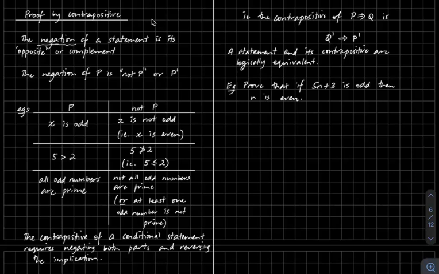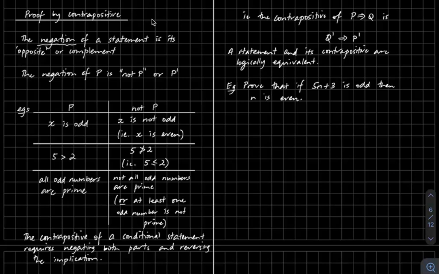If we're going to prove that as it stands, then we'd be letting 5n plus 3 be equal to an odd number, or expressing it as an odd number, and then we'd be trying to do some algebra to show that n always turns out to be even. But that's going to be a bit awkward.